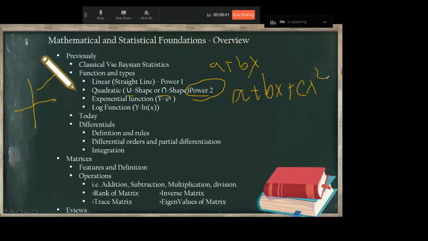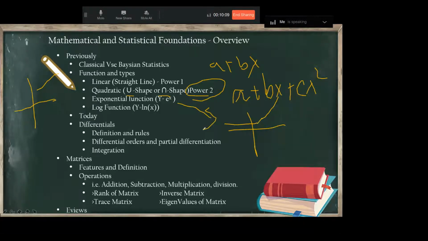Whereas in the exponential function we have this kind of figure, where it is asymptotic to the x-axis. Asymptotic to the x-axis means it never touches the x-axis. So this function is never 0, but it goes along the x-axis in the long run. So this is the exponential function.